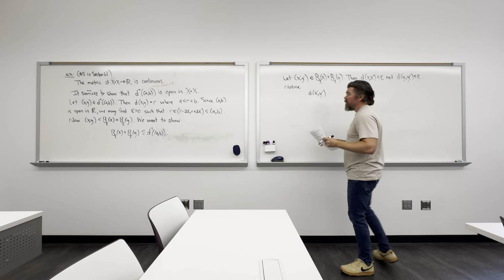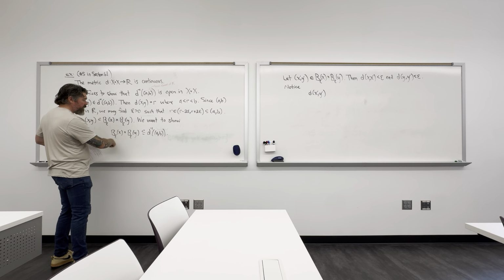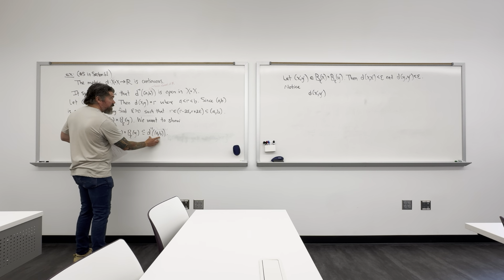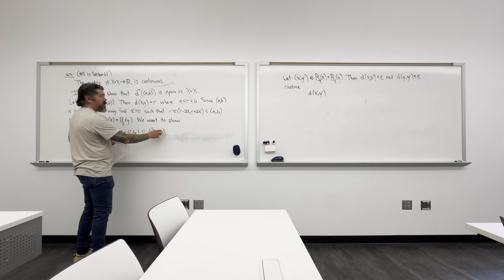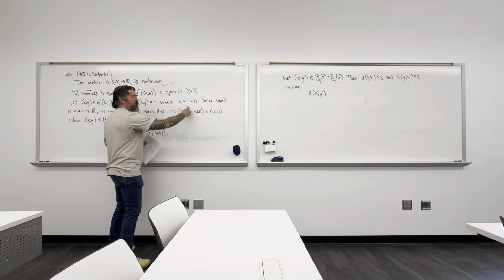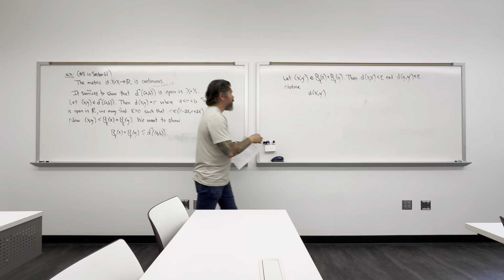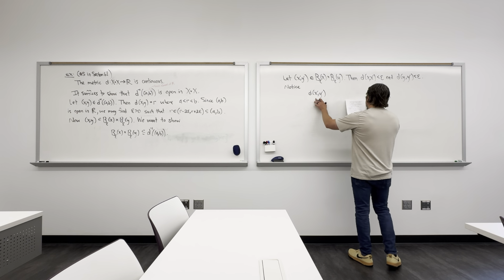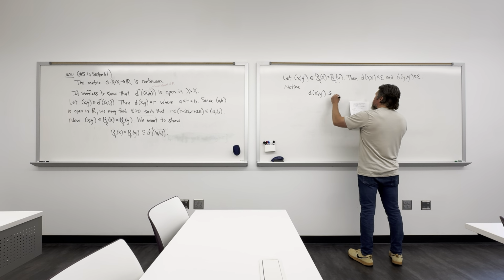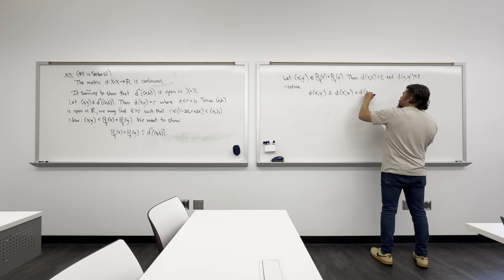Here, I want to argue that if I pick a point in here, it sits in here. So what I want to argue is that the distance between x prime and y prime is in this interval here. And that's where this is going to come into play, because we created this to sit inside this interval. So using the triangle inequality, this is less than or equal to d of x prime, x plus d of x, y prime.